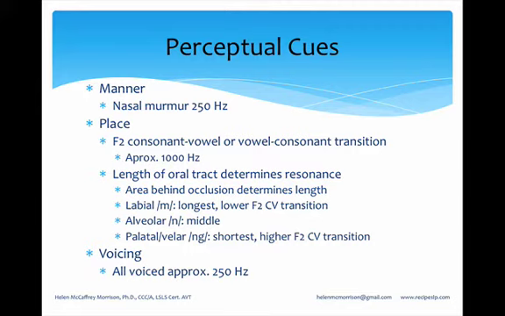But the reality is that the actual numbers that go with these CV transitions, in and out of a labial versus an alveolar versus a palatal velar nasal consonant, are going to vary with the vowel.